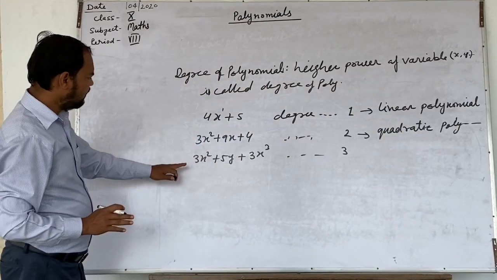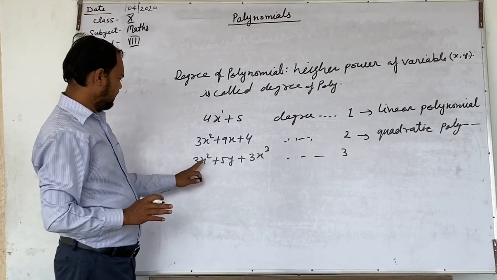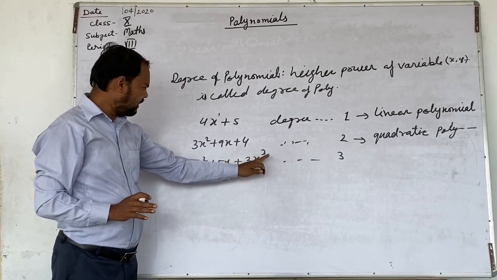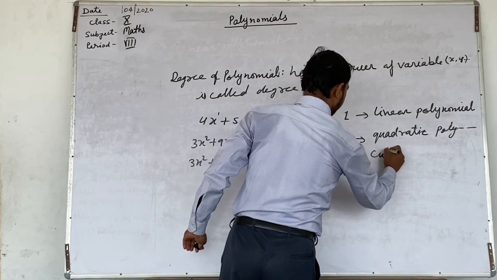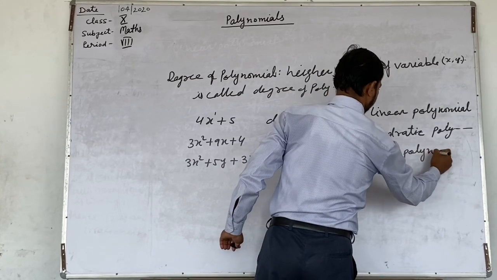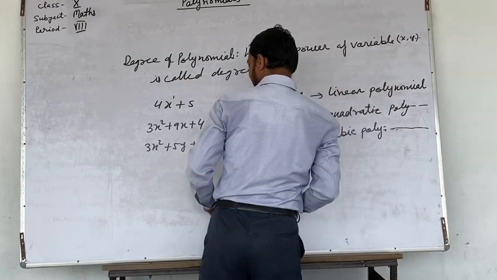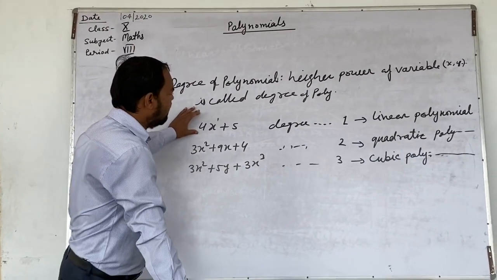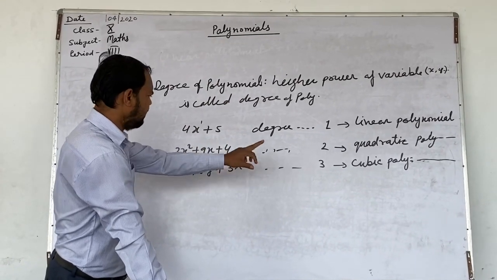Any polynomial with degree 3, may be in any term, maybe here, maybe in the second term, maybe in the third term, any polynomial with degree 3 is called a cubic polynomial. Okay, and go further on. Degree 1 linear polynomial, degree 2 quadratic polynomial, degree 3 cubic polynomial.